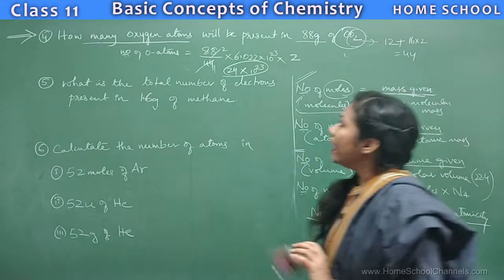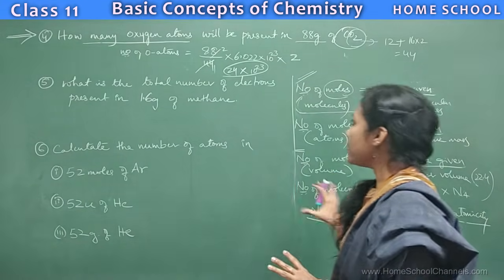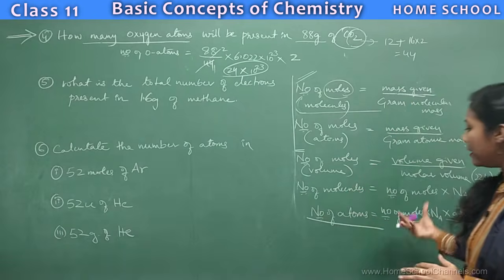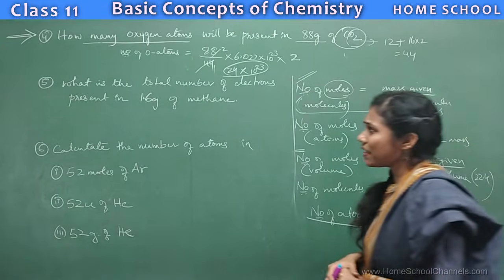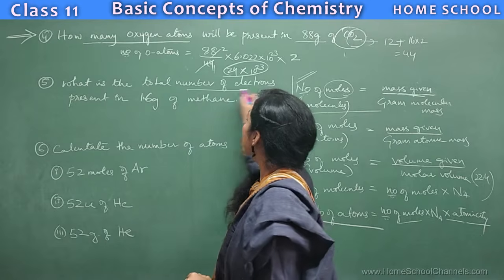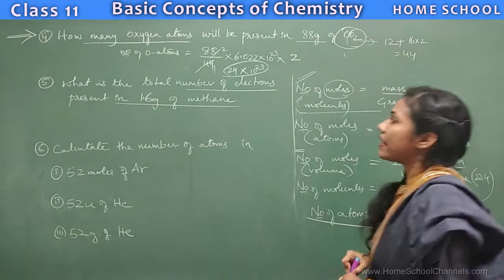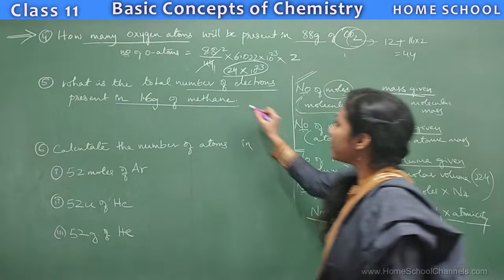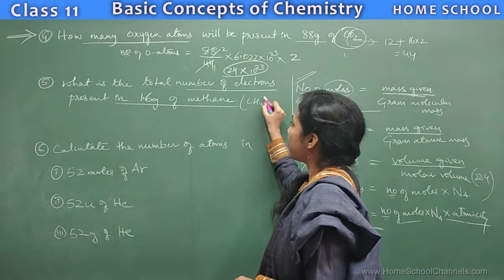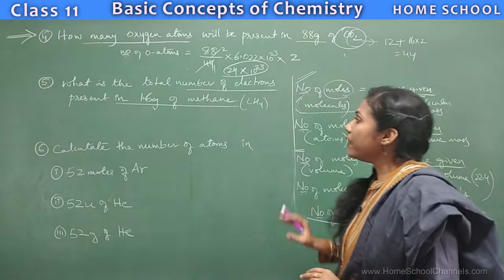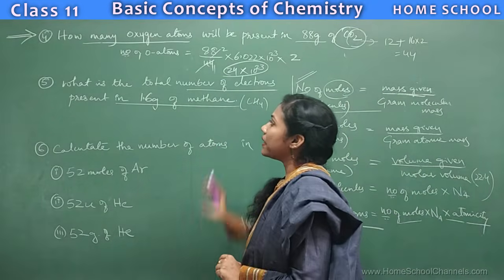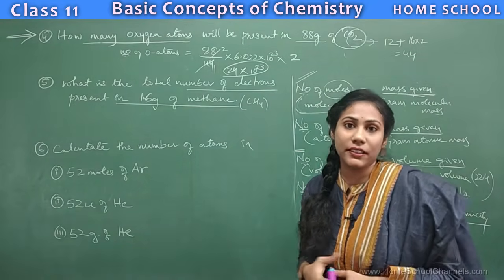Clear? Fine. And coming to the next question. The next question is also similar to that. The same formula you have to use. See, what is the total number of electrons present in 1.6 grams of methane? So what is the formula of methane here? CH4, right? Okay. So in 1.6 grams of methane, how many electrons?